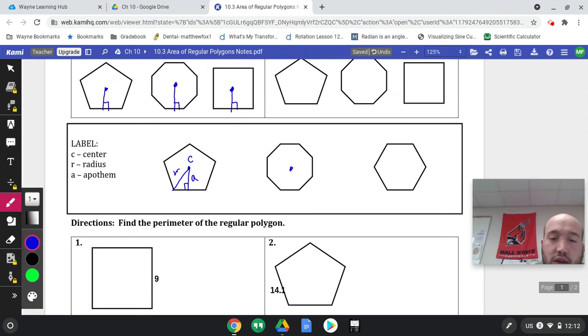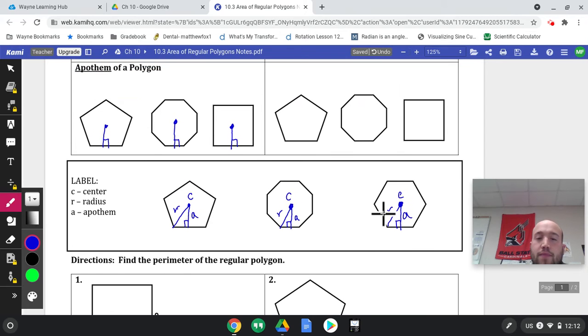We'll do it again on this one. So apothem, radius, center. And finally, our last one. Apothem, radius, and center.